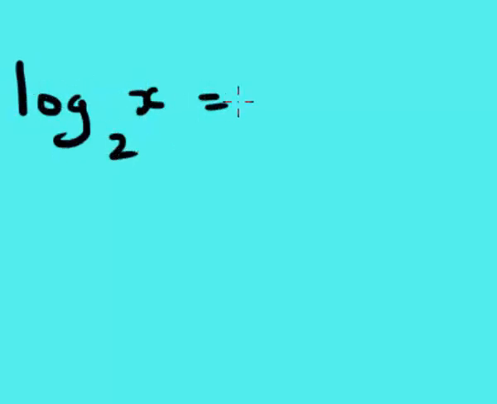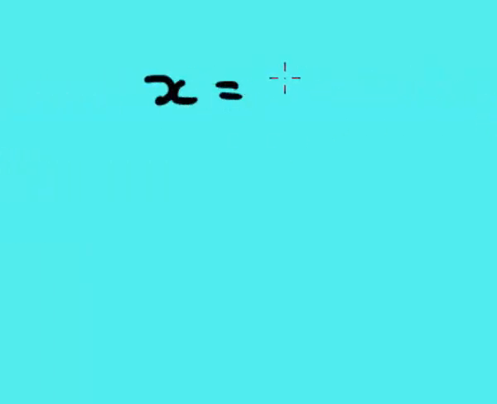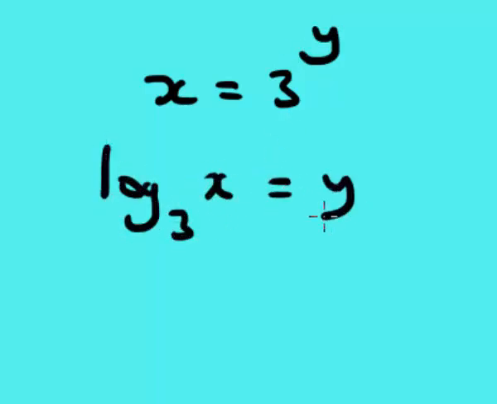But before I do that, just make very sure that you understand, if you've got log of x to base 2 equals 3, that is x is 2 cubed, that moves up and pushes there. But if you've got x is equal to 3 to the y, that's the log of x to base 3 is y, the 3 goes down and becomes a base.